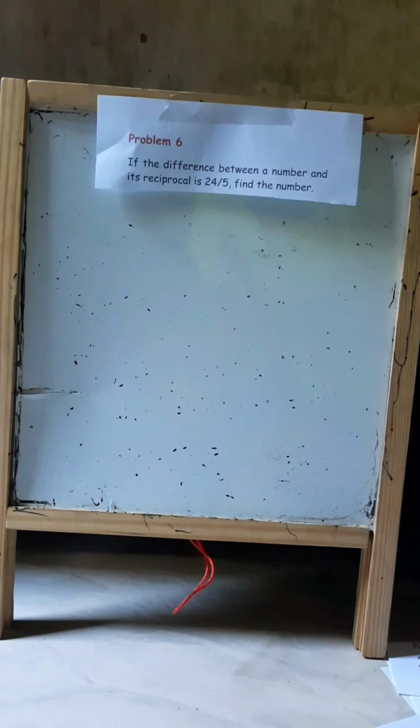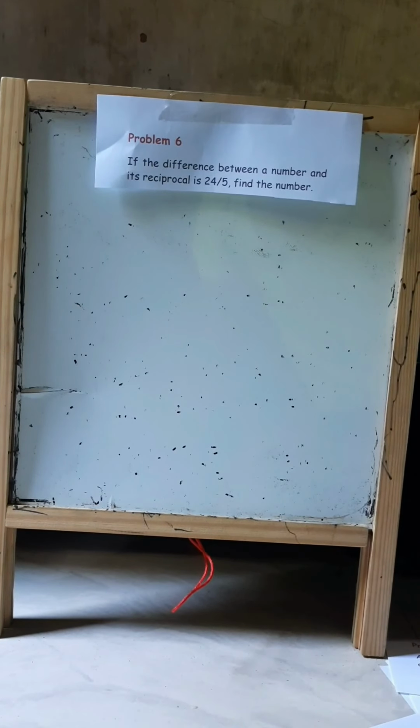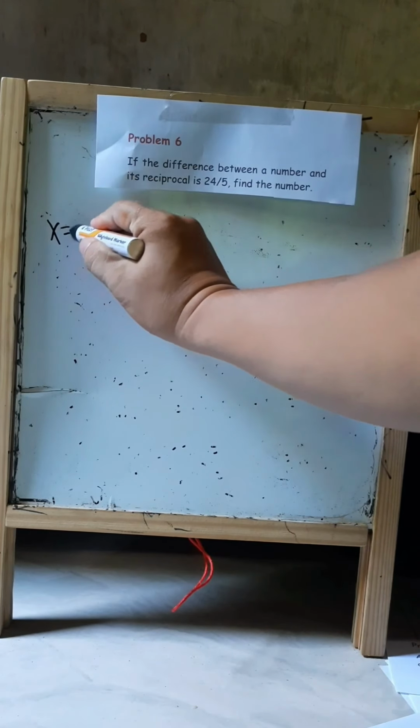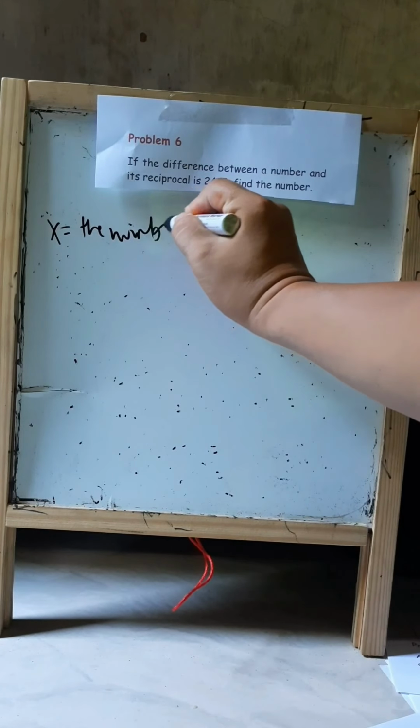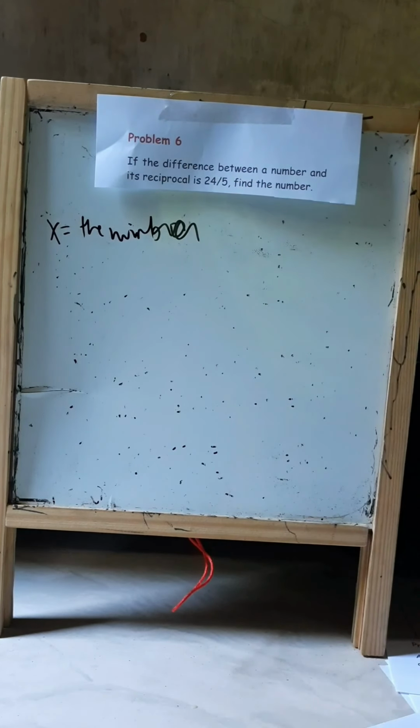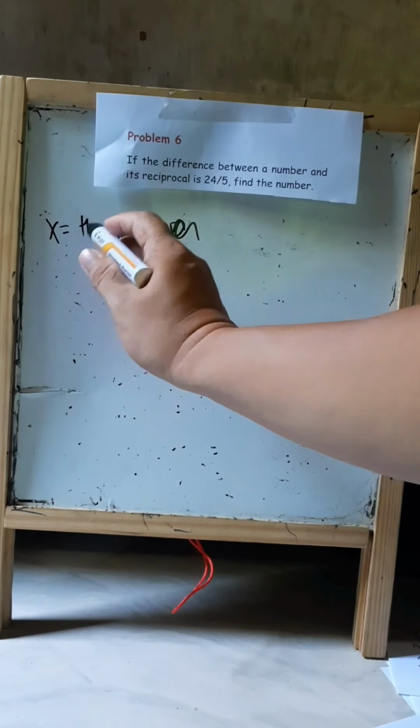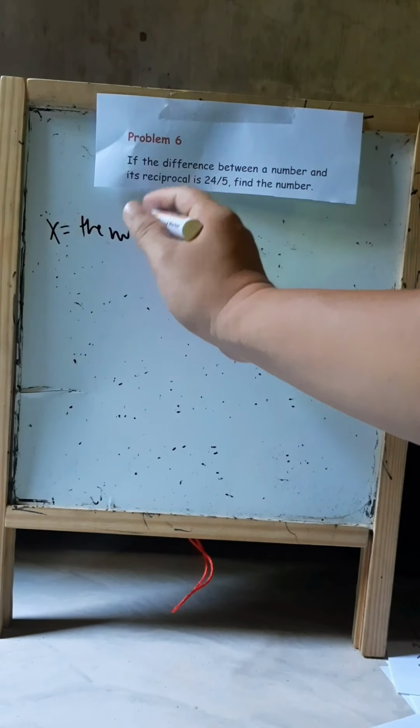Problem 6. For problem 6, we have: if the difference between a number and its reciprocal is 24 over 5, find the number. So let x be the number, and based on the problem, the difference between the number and its reciprocal is 24 over 5.